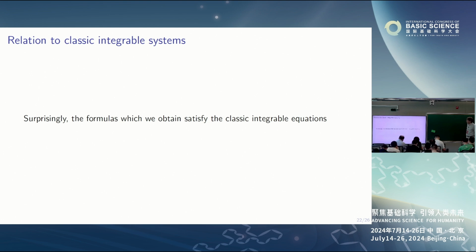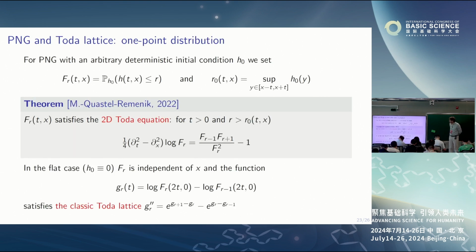So we realized that the formulas which we obtain, I call these Fredholm determinants, surprisingly, are solutions to some known classic integrable systems. So for example, if I look at the one-point distribution function of PNG, okay?